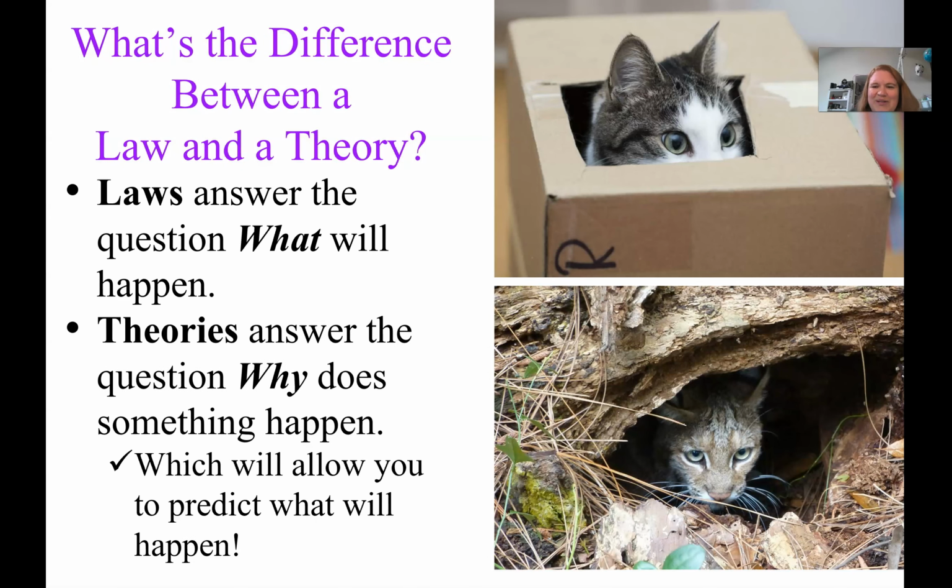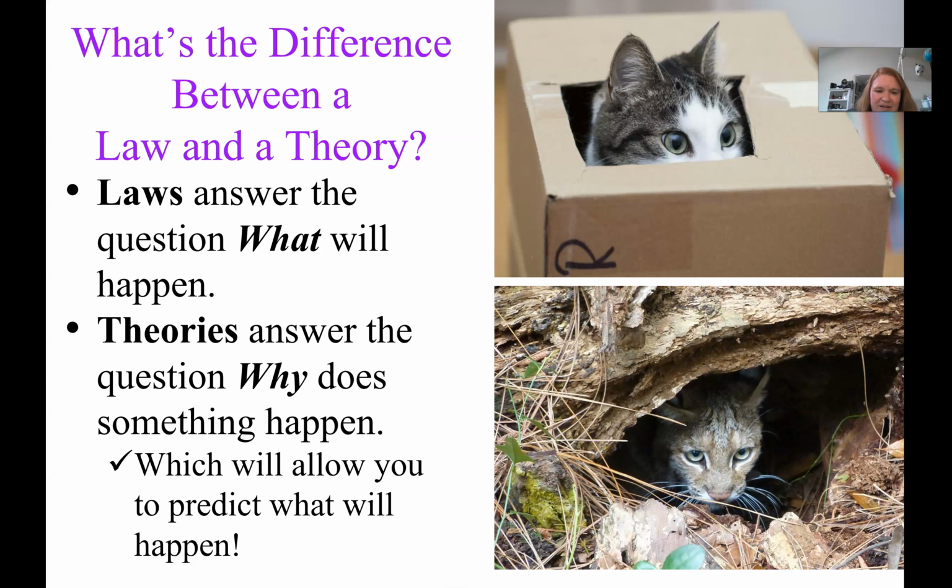The difference between a law and a theory. A law answers what will happen. So it is a way to predict future events based off of past events, but it's not telling us why it will happen. So a law could state that if you put a box out, a cat will sit in it.